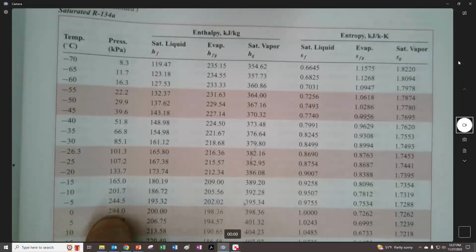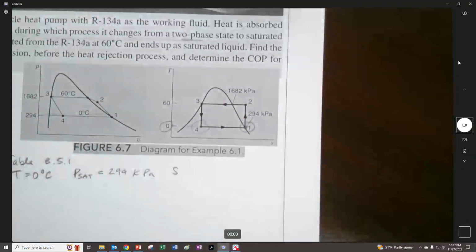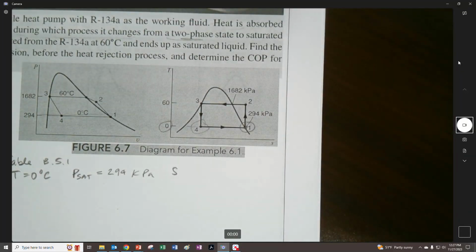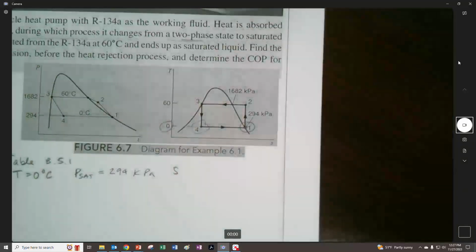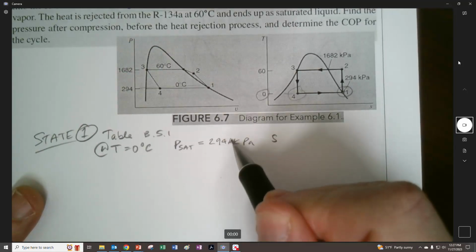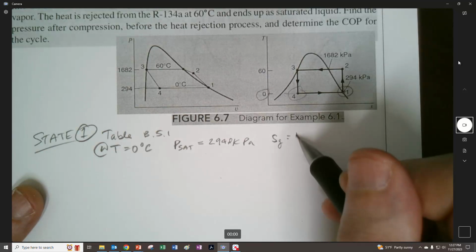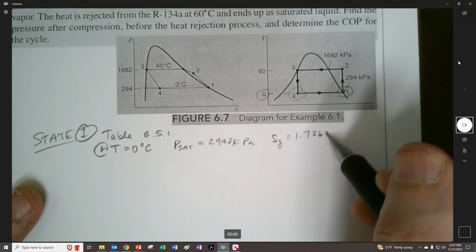Notably, we are at 294 kilopascals. So we found the information we need for that. Right, so we already wrote that down, and this was the s_g at that spot, so 1.7262.